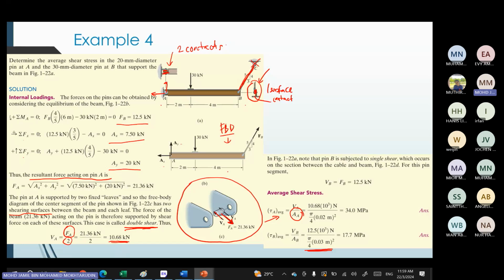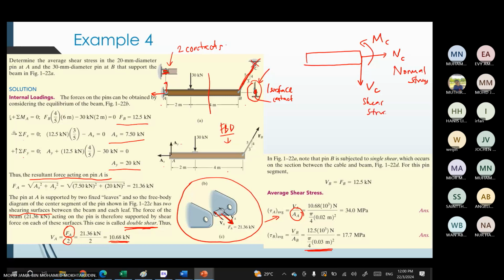But after midterm, we will learn more about shear stress. For example, if you cut the structure in the middle, you have NC, VC, and MC, right? NC will result in normal force and normal stress, but VC will result in shear.